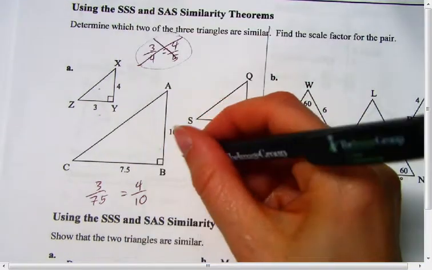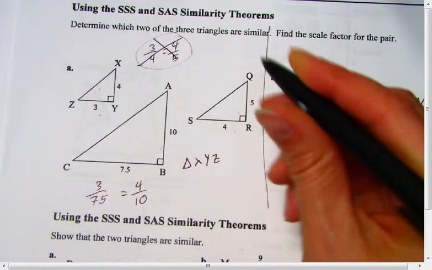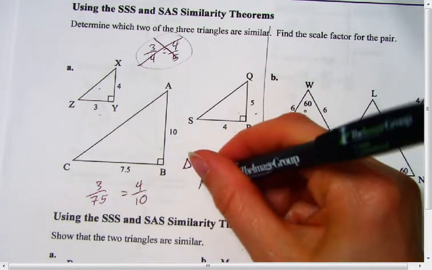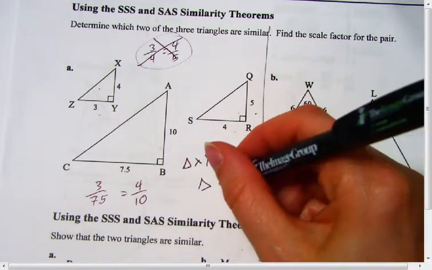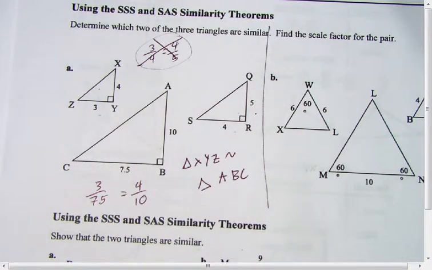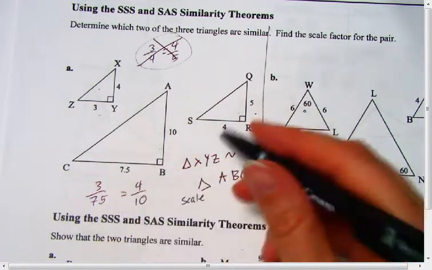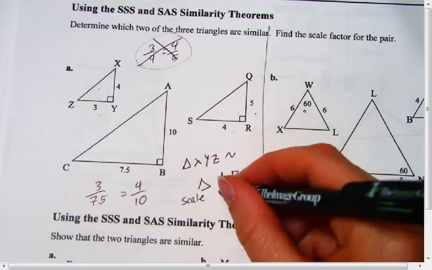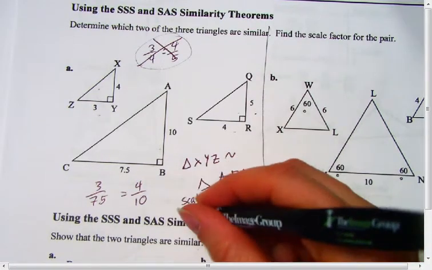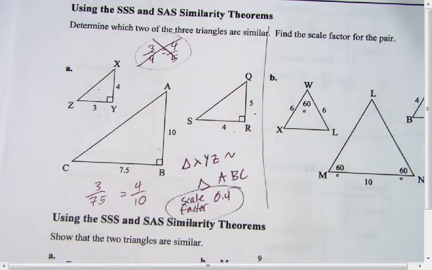So I can say triangle XYZ is similar to triangle ABC. Questions? And this has a scale factor because I'm just going to reduce this all the way, is 0.4, with a scale factor of 0.4 to go from one to the other.